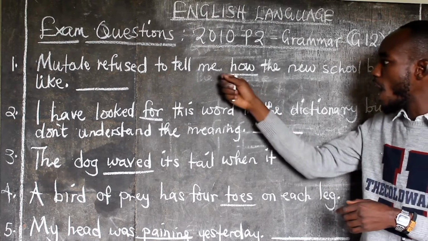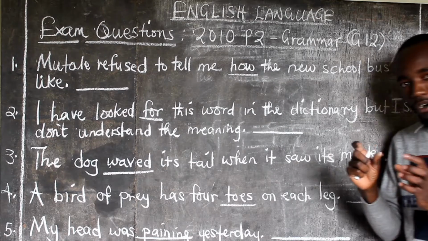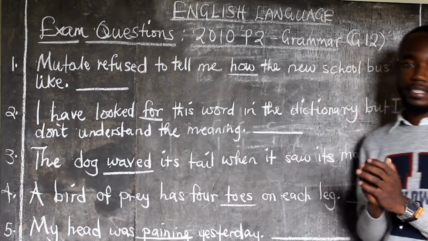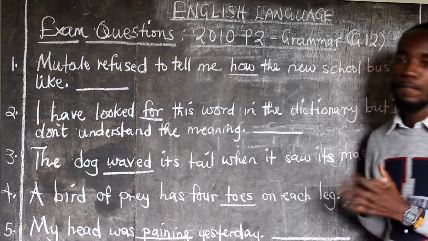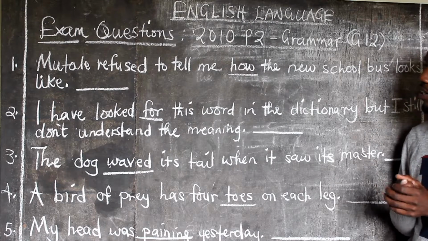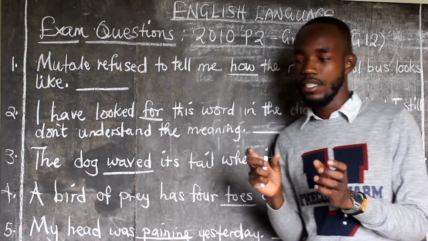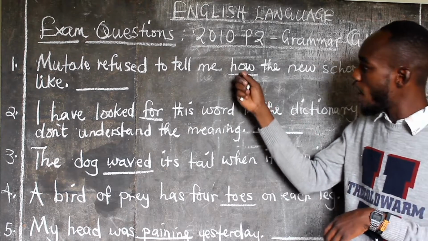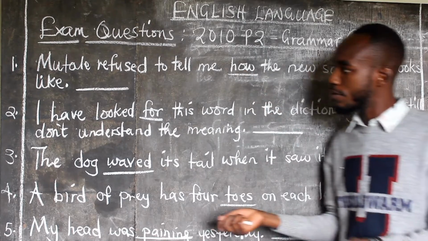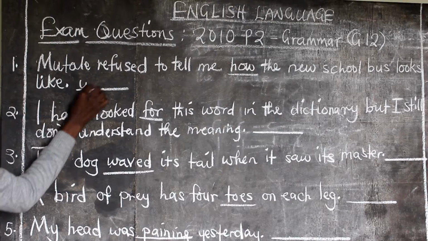The word how is incorrect, because when you are talking about the appearance of something, you are not supposed to use how. Instead, the correct word to use there is what. So the correct answer is what here instead of how.